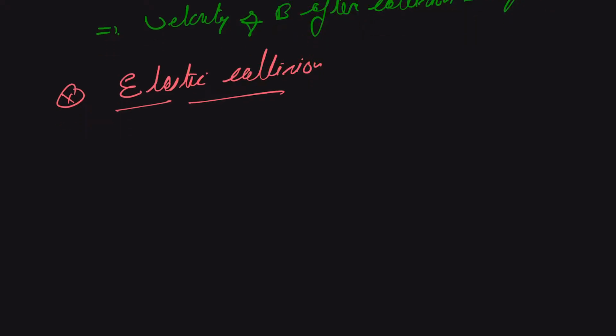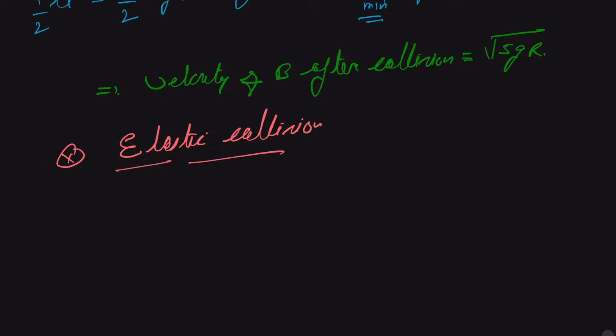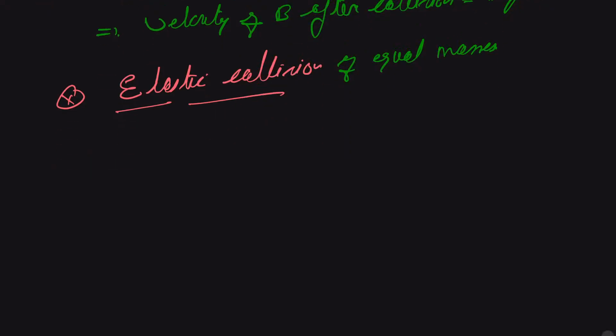So what is going to happen for an elastic collision of equal masses? You can say that the two particles, or two masses, exchange velocity.